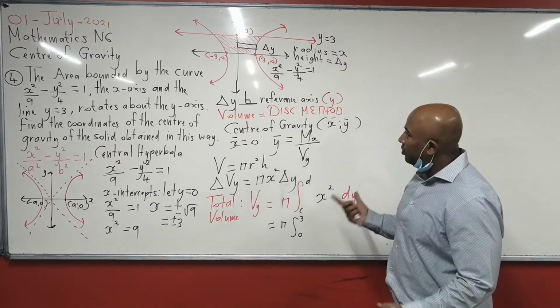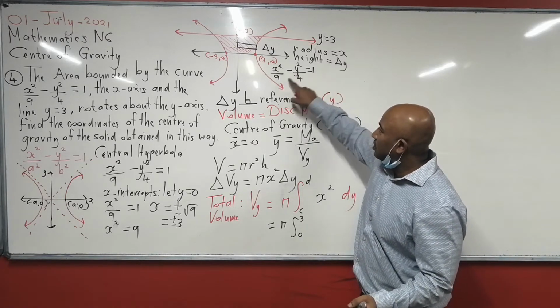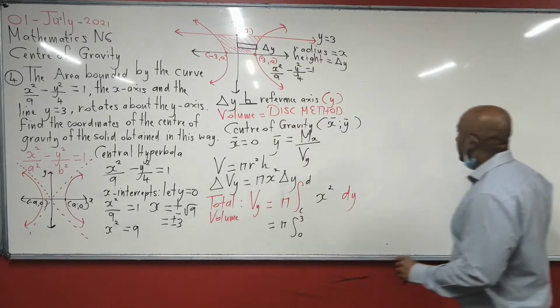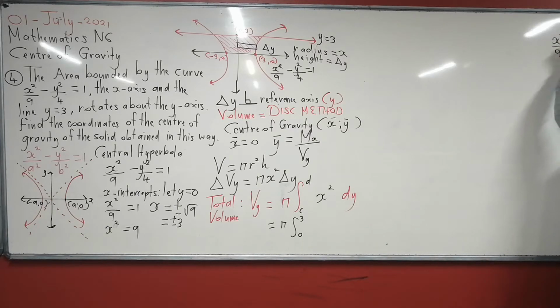So where is x squared? x squared over 9 minus y squared over 4 is equal to 1. Let's manipulate that equation. So x squared over 9 is equal to 1 plus y squared over 4.